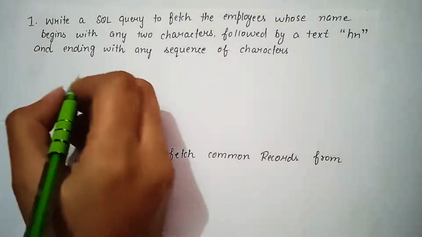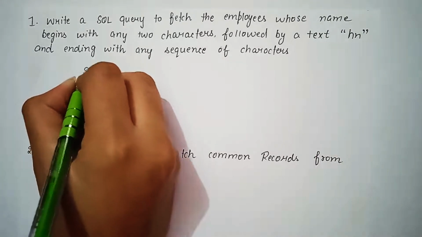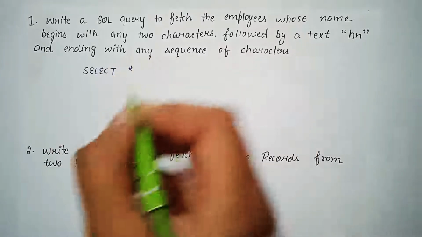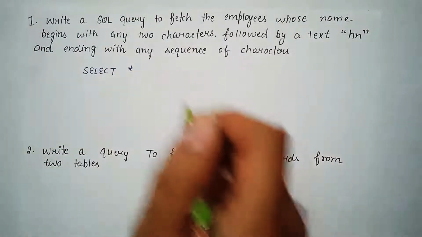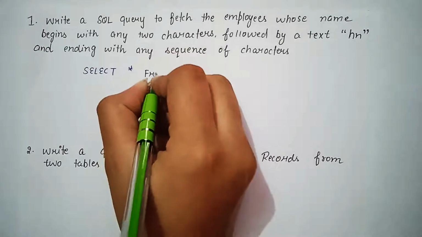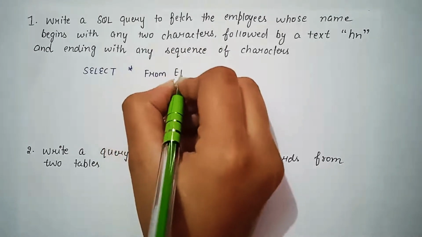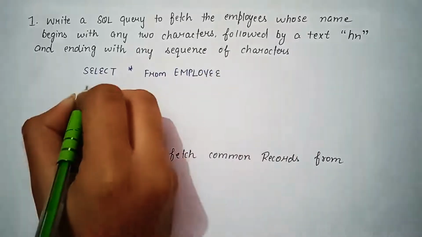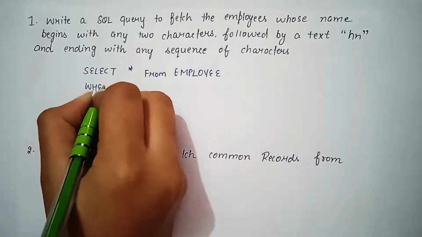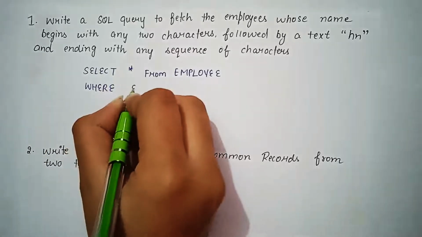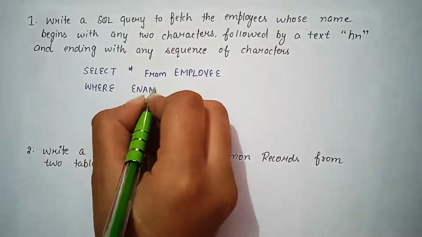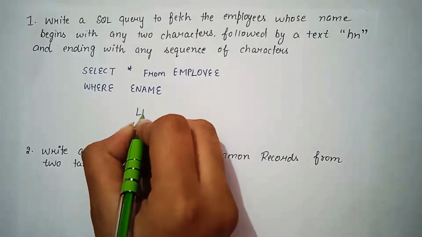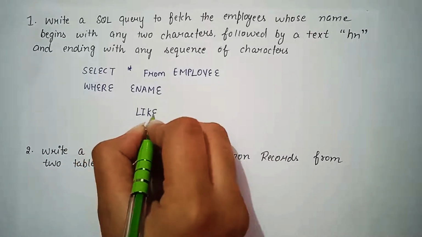Okay, so the query would be: select star, because we want to know every information of that particular employee, from, let's say the table is employee, where employee name, now here we will specify the condition, where employee name like.